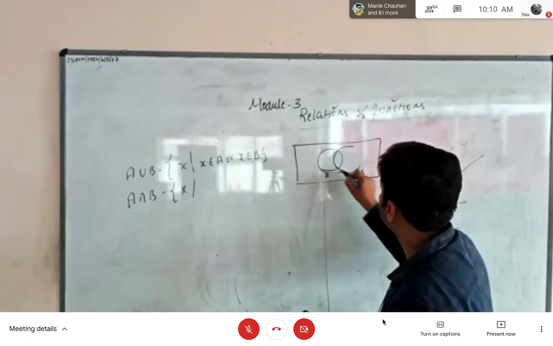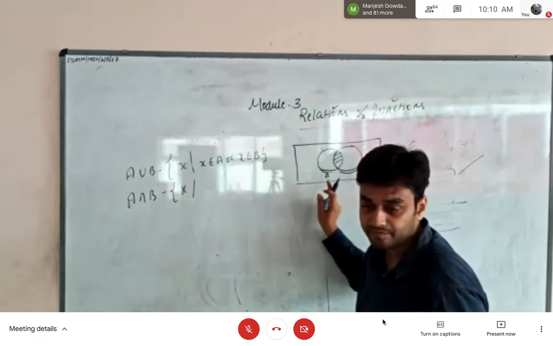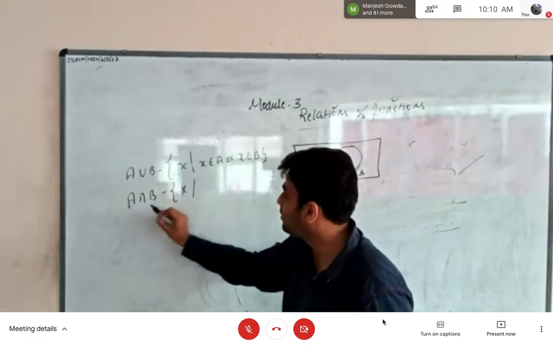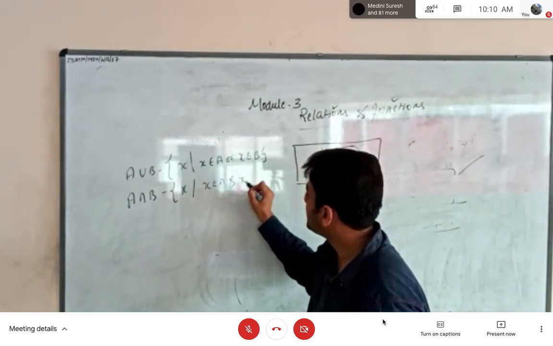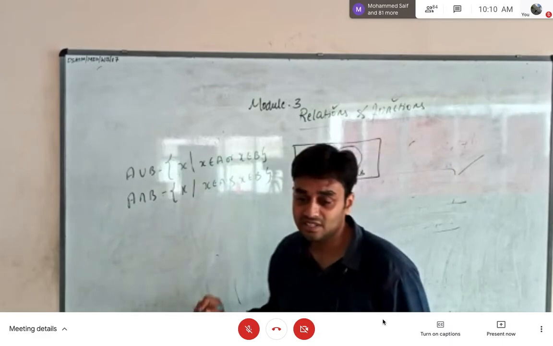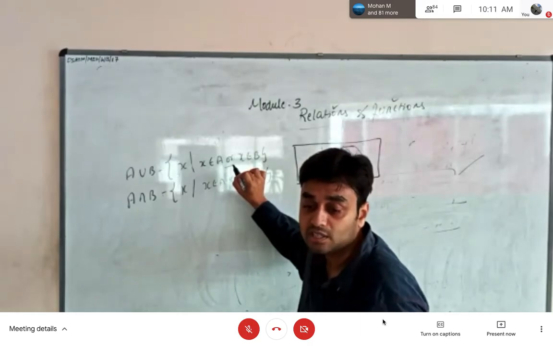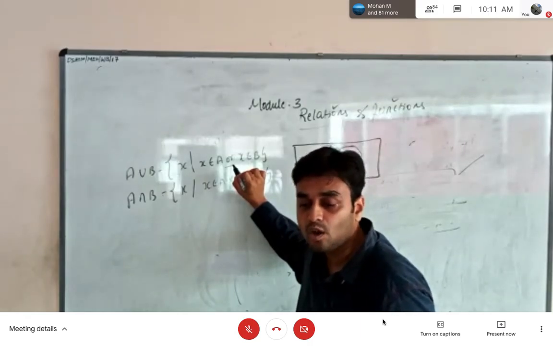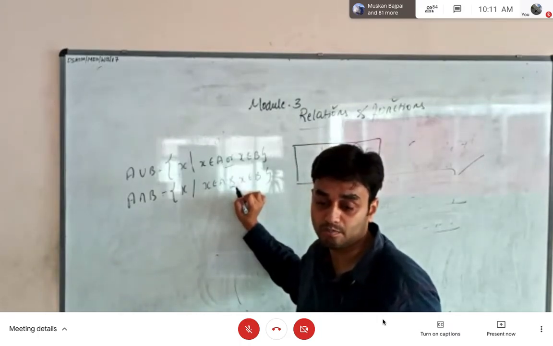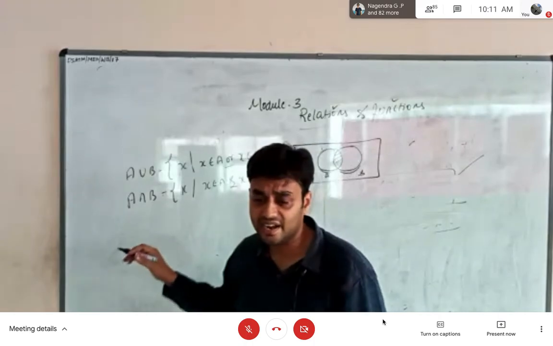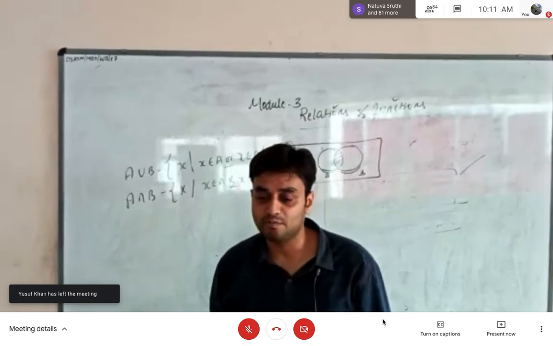If I consider an element X that belongs to A intersection B, that element should belong to both A and B. So mathematically, I can write that if X belongs to A intersection B, then X belongs to A, and that particular element X should also belong to B. See, these wordings are very important. What I told for union is or: that element can belong to either A or B. In the intersection, it has to belong to A and also it should belong to B. Writing these mathematical definitions is very important for the theorems.